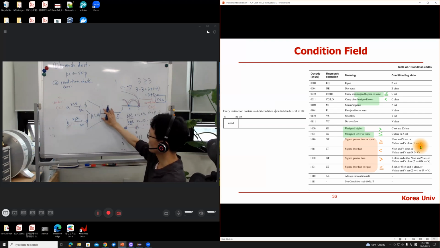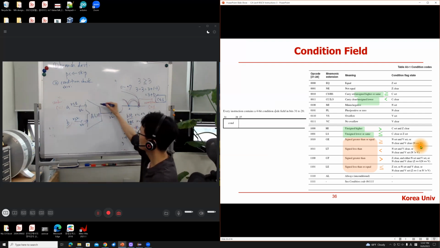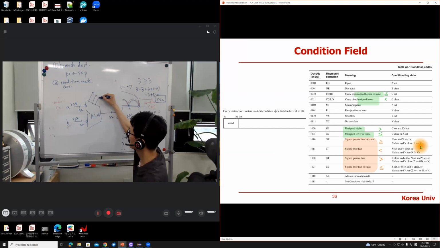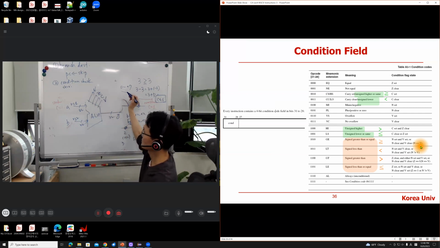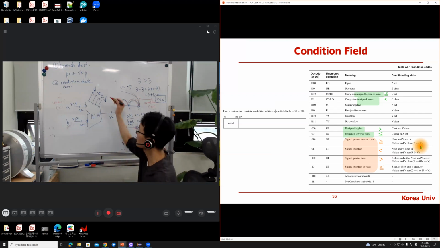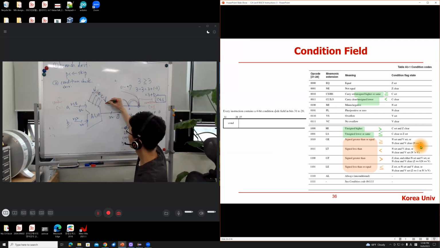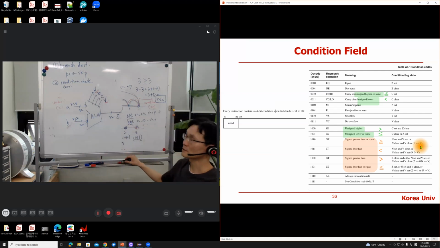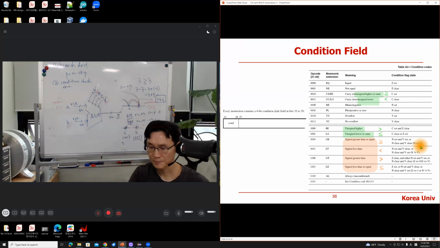In addition to this actual output, the ALU is generating the negative flag, zero flag, carry flag, and overflow flag. So for signed numbers, according to that table, you can use the negative and overflow flags for condition check.